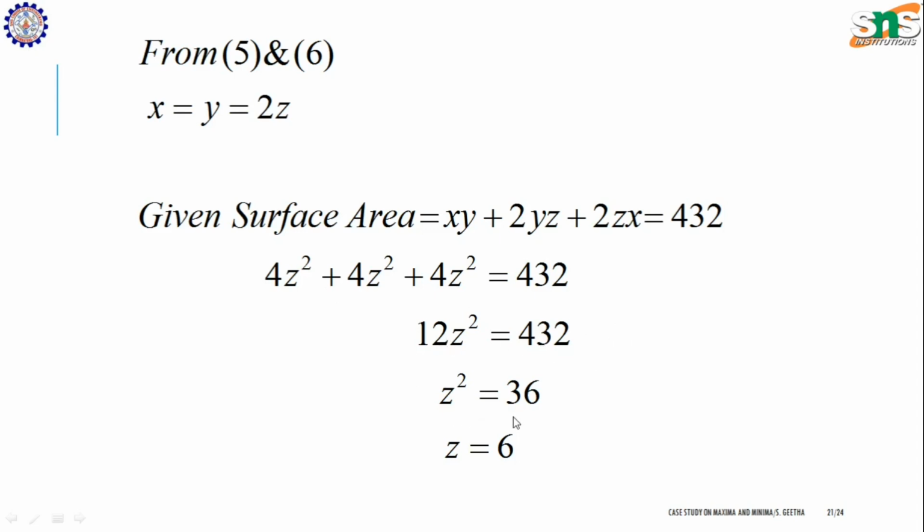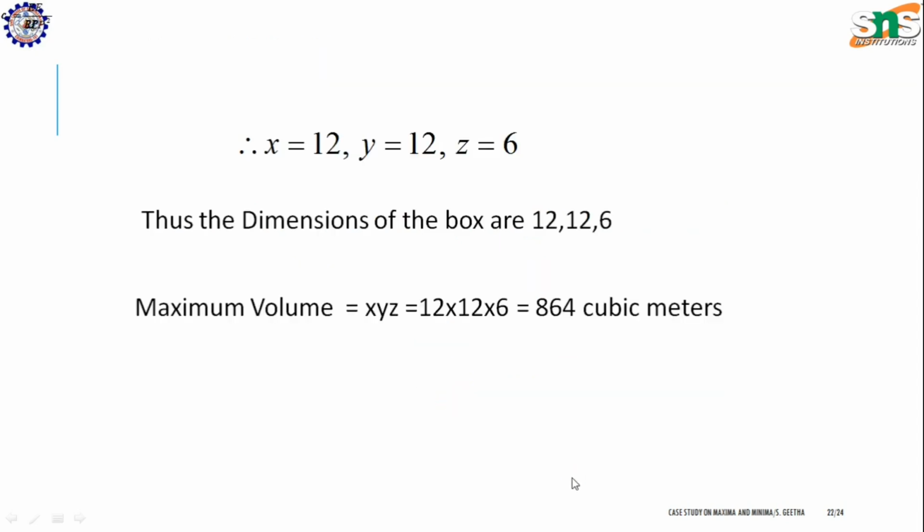So z square equal to 36, which implies z equal to 6. From this we have x equal to 12, y equal to 12 and z equal to 6. Thus the dimensions of the box are 12, 12, 6. So the maximum volume equal to xyz, that is 12 into 12 into 6, equal to 864 cubic meters.